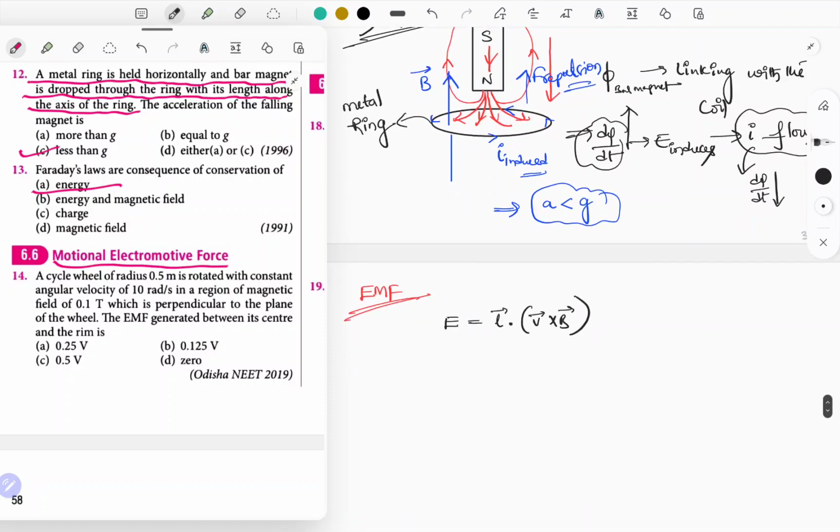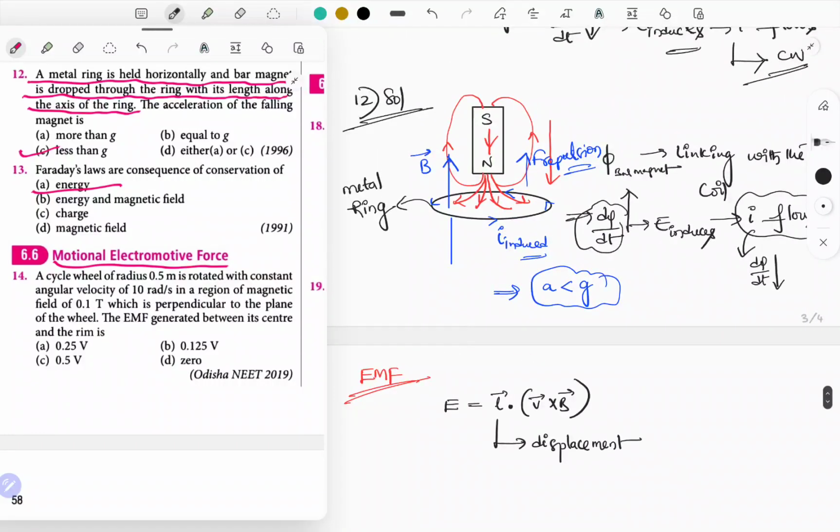Just remember this formula. So this L̄ represents displacement, where V is the velocity of the conductor, and B is the magnetic field.